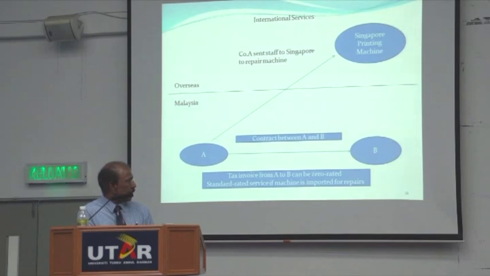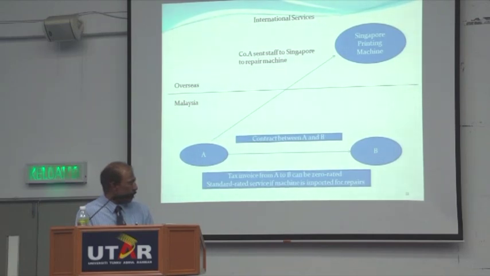All right, so you can see there. These two are customer and client, and a machine is sent over to overseas for repair, for example. So the tax invoice from A to B can be zero rated.